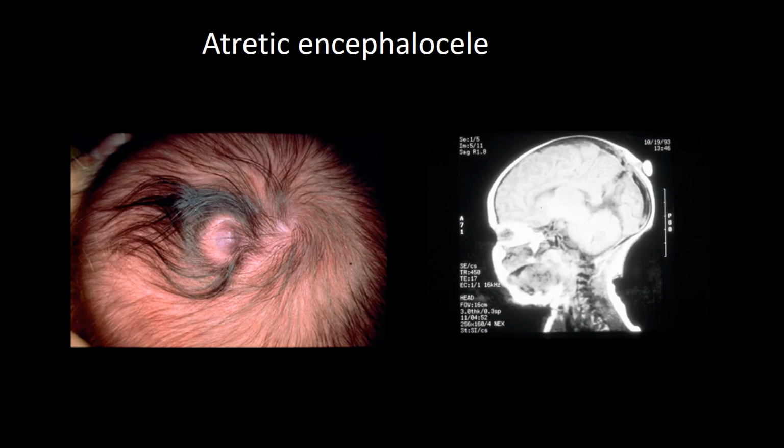This new frame shows a patient with an atretic encephalocele. As you can see in this image, the encephalocele is surrounded by a dark patch of black hair. The atretic encephalocele can be seen in the MRI. The tissue inside is a mixture of glial cells and connective tissue.